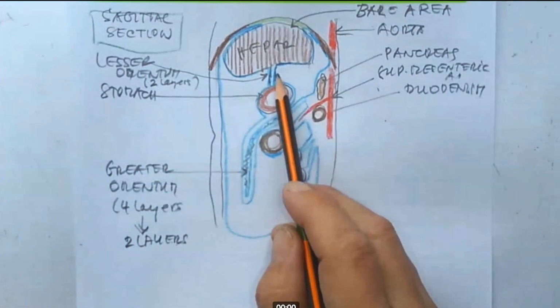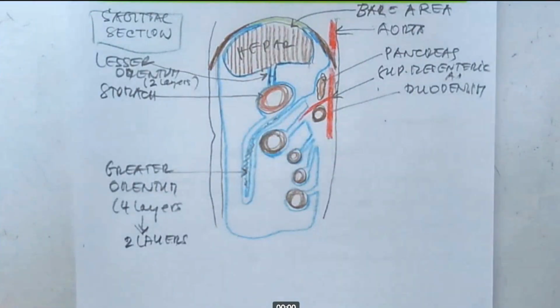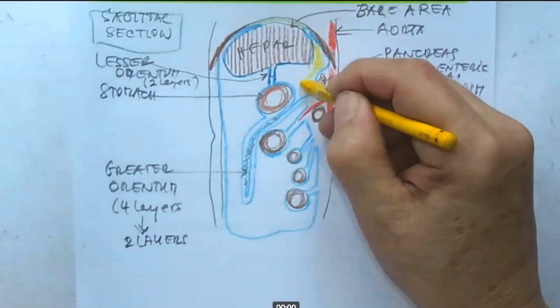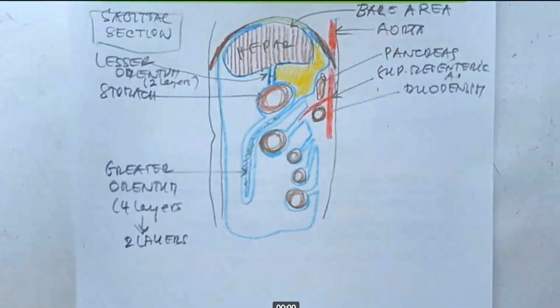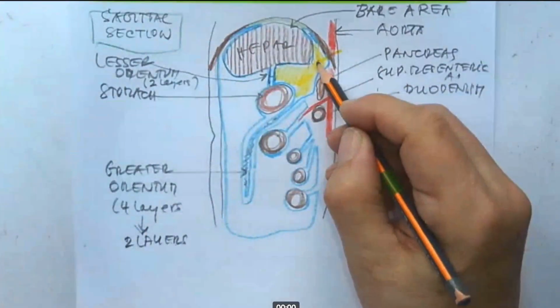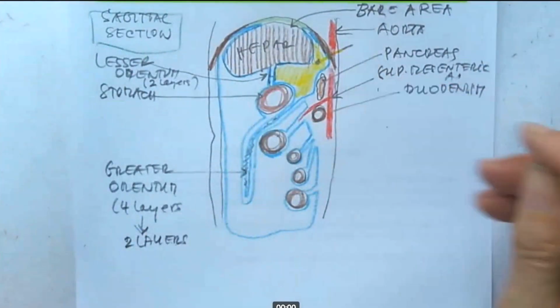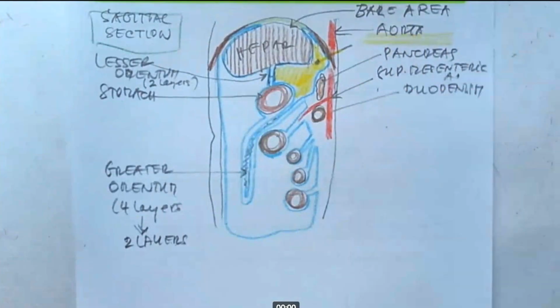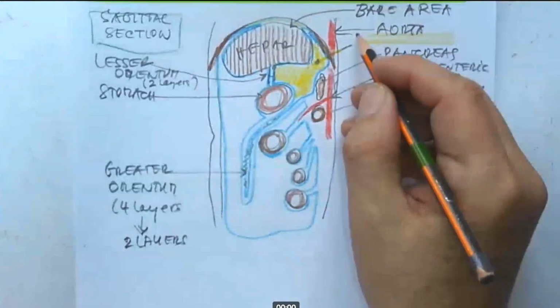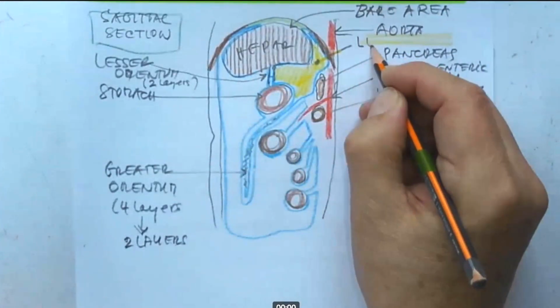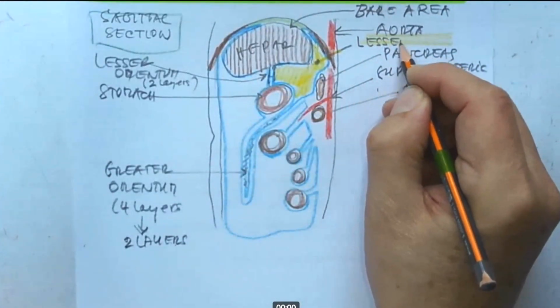The space behind this lesser omentum, which I am marking in yellow, is called the omental bursa, bursa omentalis, or lesser sac. So don't forget this very important structure, representing the biggest space in the upper part of the peritoneal cavity, called the lesser sac or bursa omentalis.